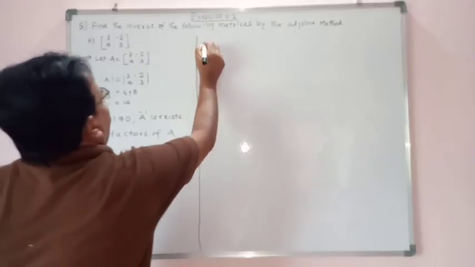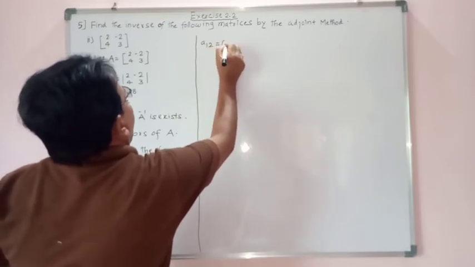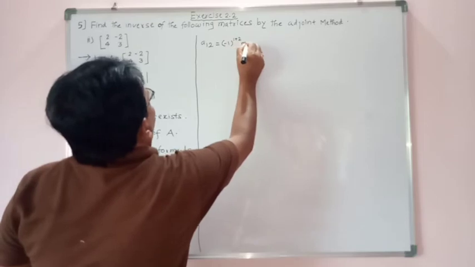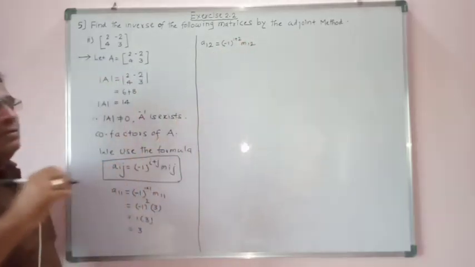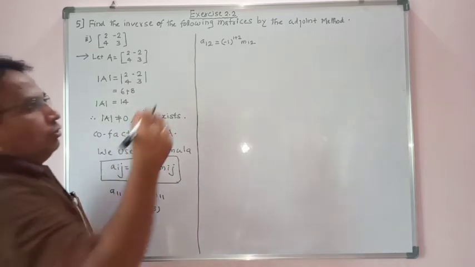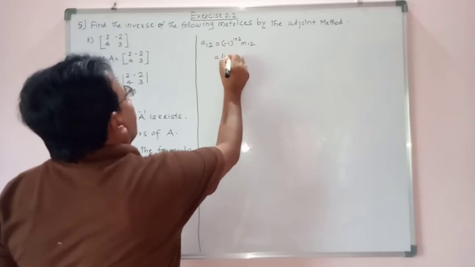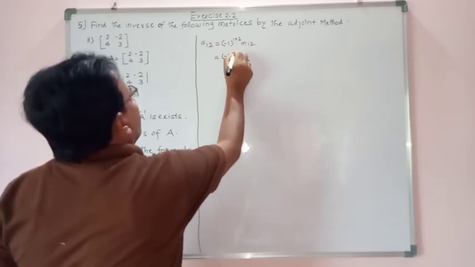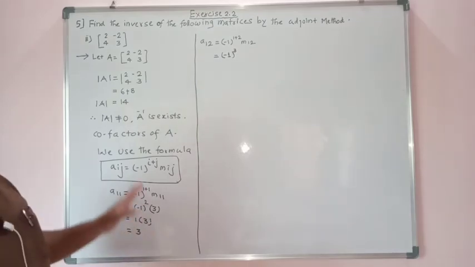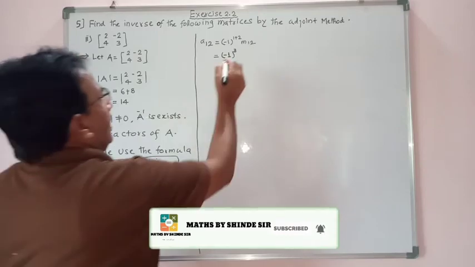Second cofactor A12. A12 equals (-1) raised to 1 plus 2 into M12. 1 plus 2 is 3, and 3 is an odd number, so we directly use -1 into M12.